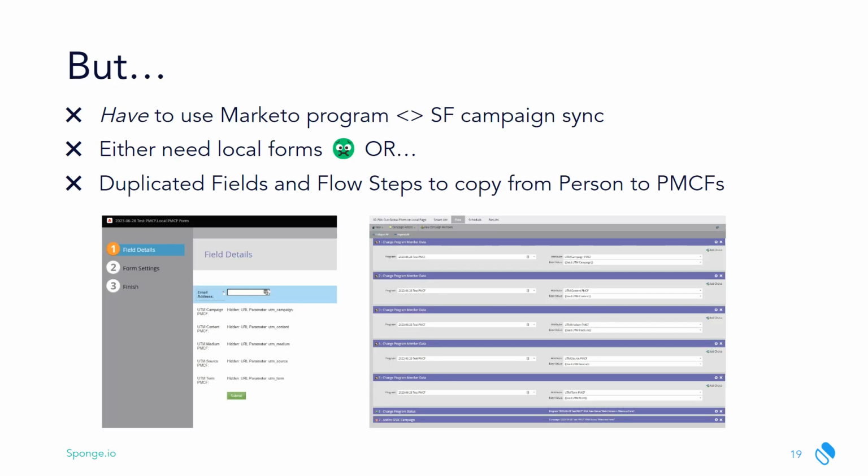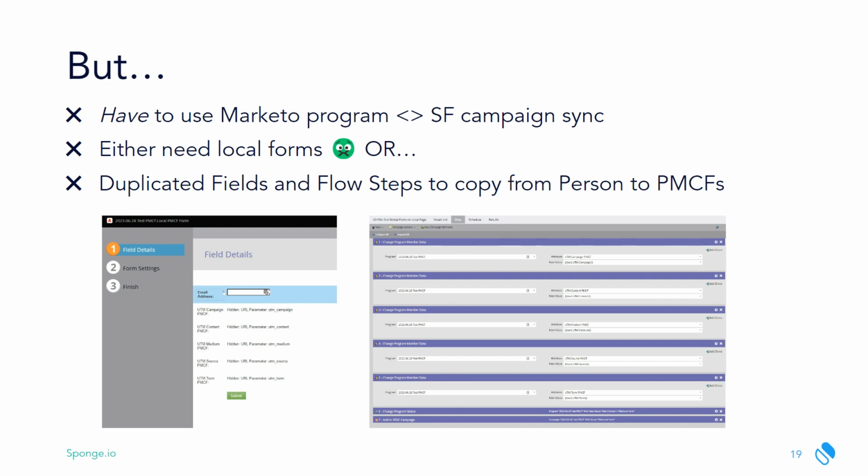So there are a few caveats to this program member custom field sync. Namely, as I mentioned, they can only be used with local assets. So if you are using global forms, you either have to switch over to using local forms within a program. That's going to be a big no-no for me.